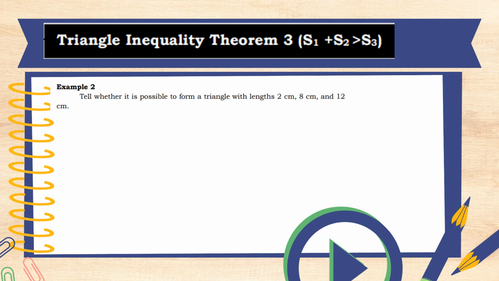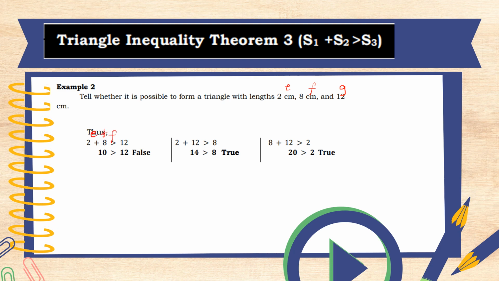Example 2. Tell whether it is possible to form a triangle with lengths 2 cm, 8 cm, and 12 cm. So let's still use E, F, G. Now, we have E plus F is greater than G, so 2 plus 8 is 10, greater than 12? That is false.